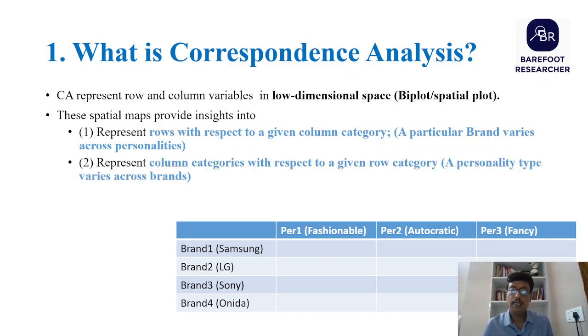Another thing we can do is take one column, for example fashionable, and measure how it is related across different brands. So comparison can be made between rows and columns, considering one fixed column and one fixed row at a time. Similarly, we can examine the relationship among rows and columns in a biplot.